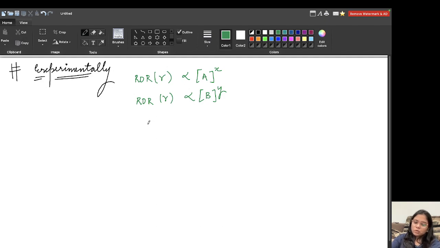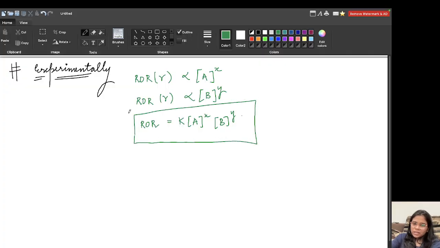Now if I combine both these relations with a constant, what will I get? Rate of reaction equals K, A raised to the power of x and B raised to the power of y. Now this is very important. This is experimentally seen. I am not getting this data from anywhere.